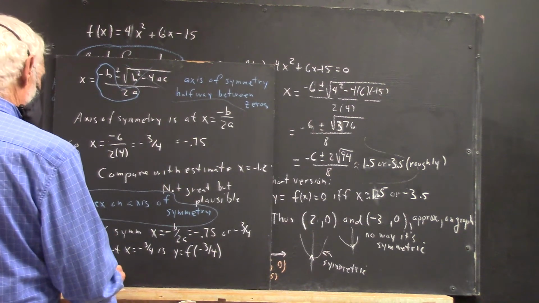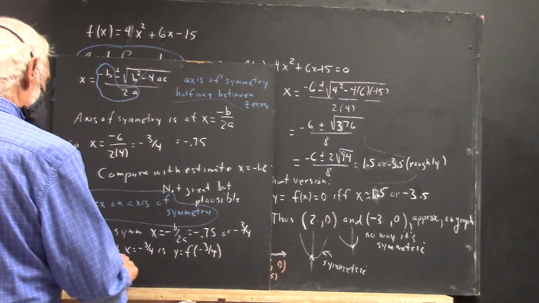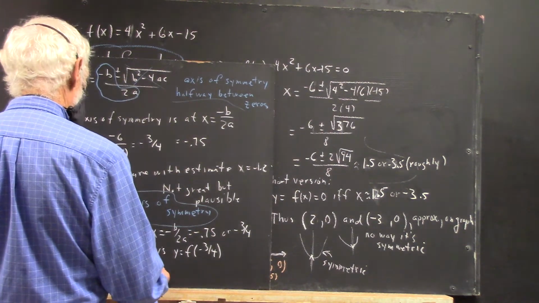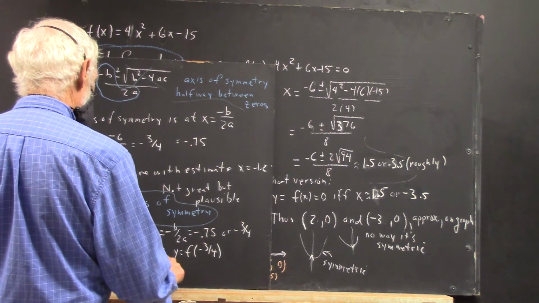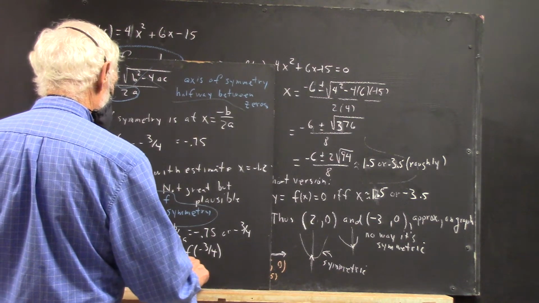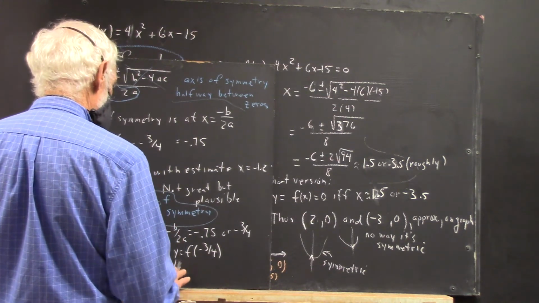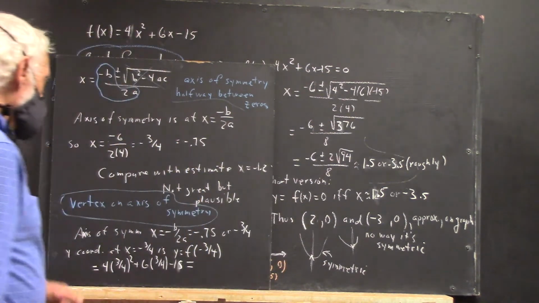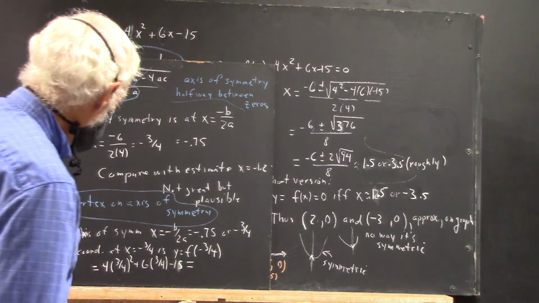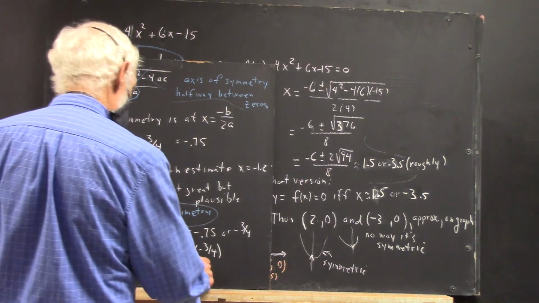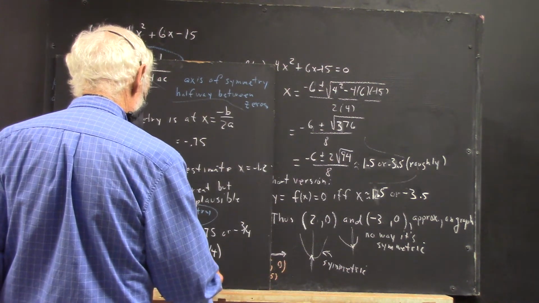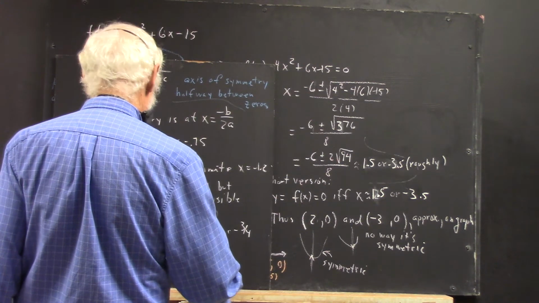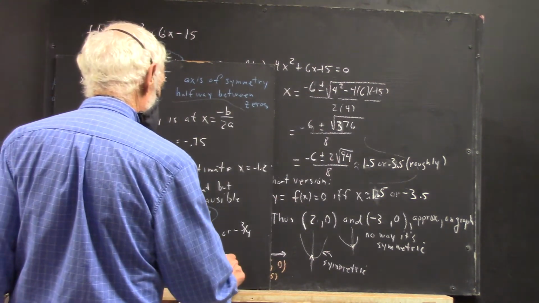Which equals, get the numbers right, 4 times the square of 3/4 plus 6 times 3/4 minus 16 minus 15. 3/4 squared is 9/16, so that's 9/4. 6 times 3/4 is 18/4.